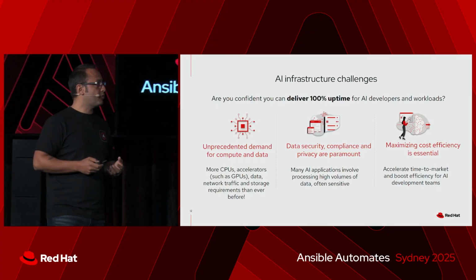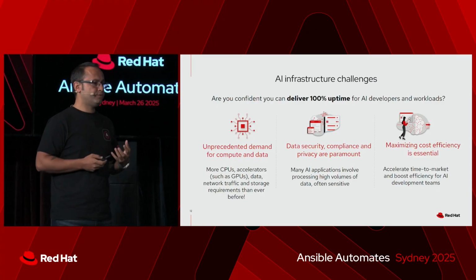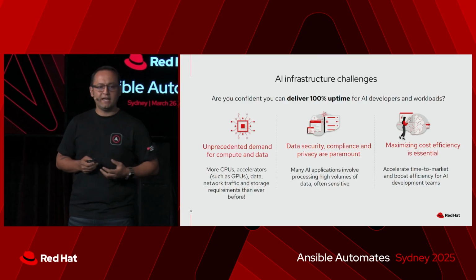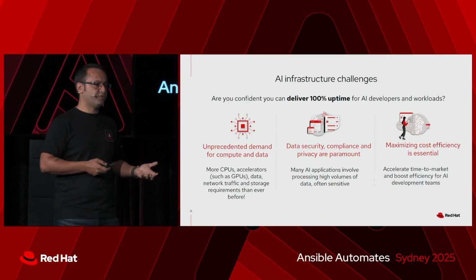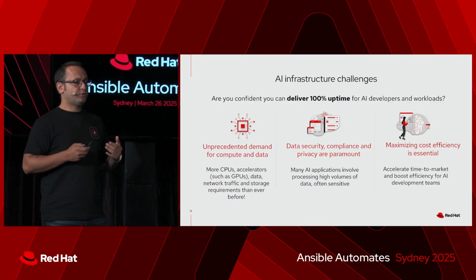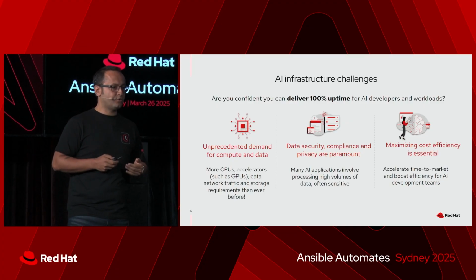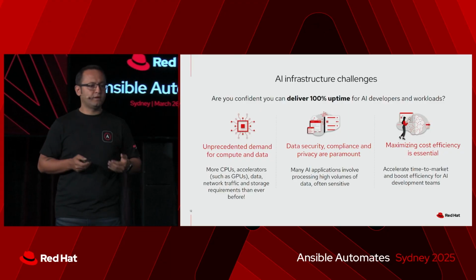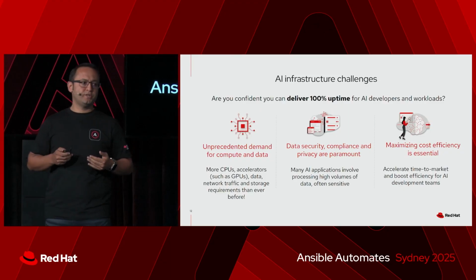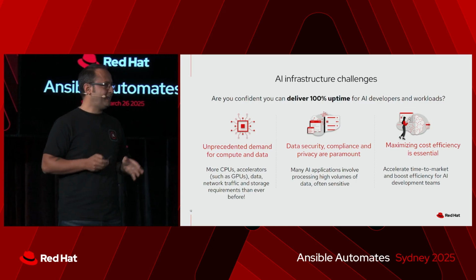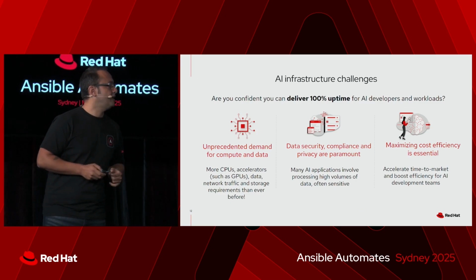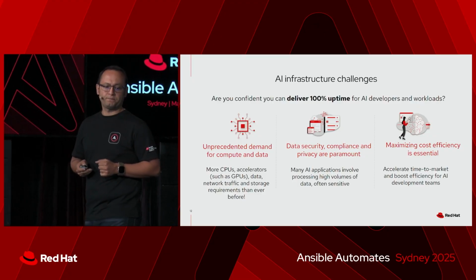AI models are becoming more complex, more CPUs and more GPUs are needed, and an increasing volume of data is used to train the different AI models. We need to ensure the data is secure, that the large volume of data meets security and compliance requirements, while also maintaining and maximizing cost efficiency.